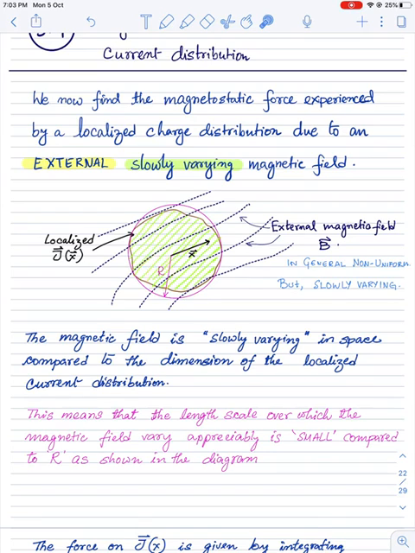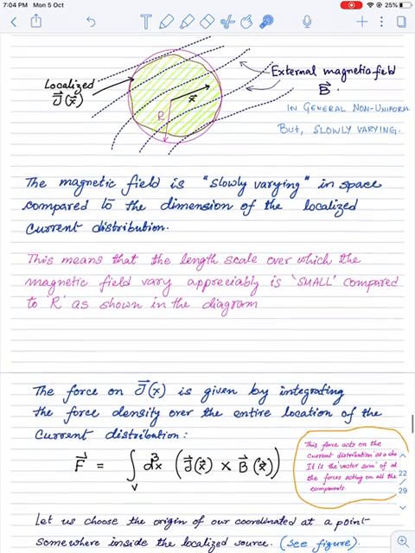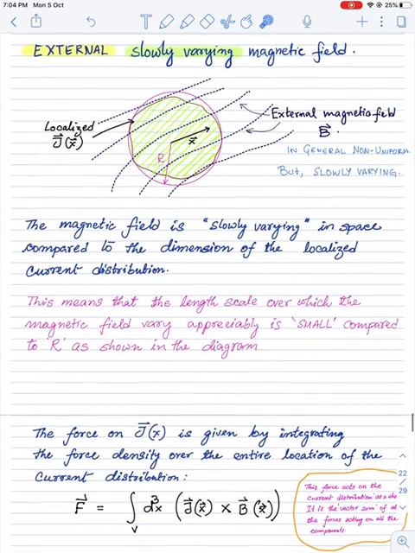Then we'll say that the magnetic field doesn't change appreciably over length scales of magnitude r. This is what we mean by slowly varying: the magnetic field is slowly varying compared to the dimension of the current configuration.